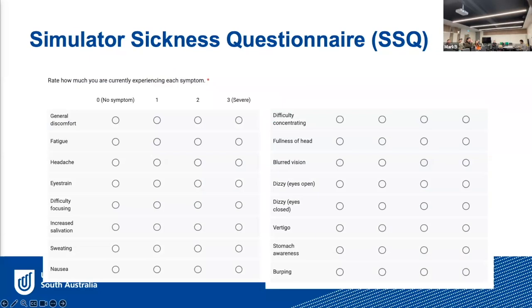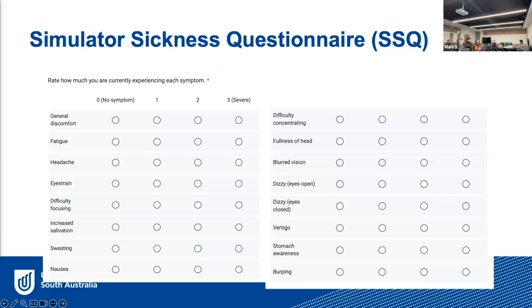If you look into the simulator sickness questionnaire, there are 16 symptoms, and participants are asked to check how much they feel each symptom.